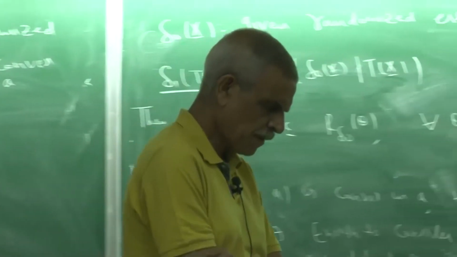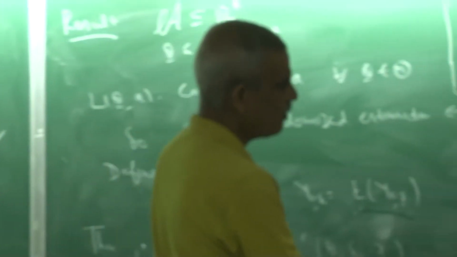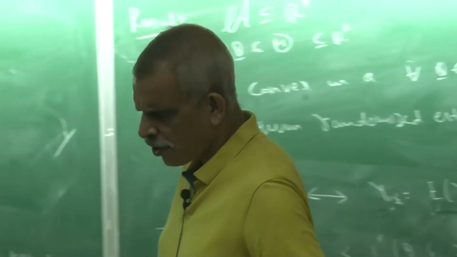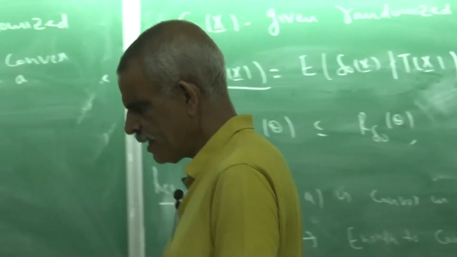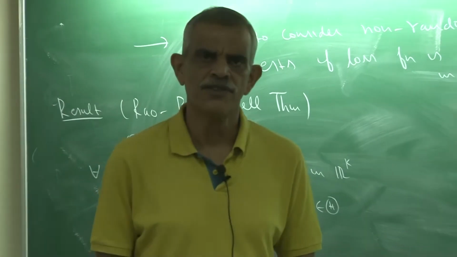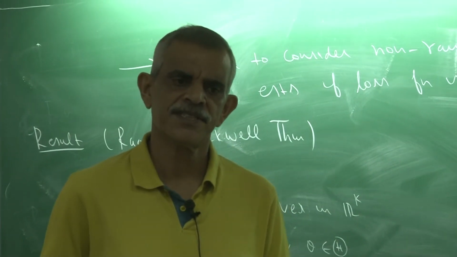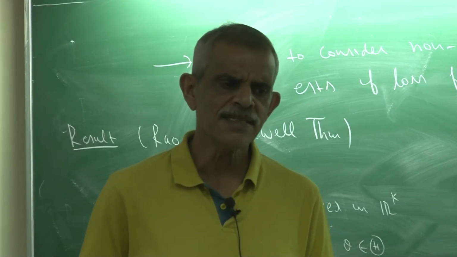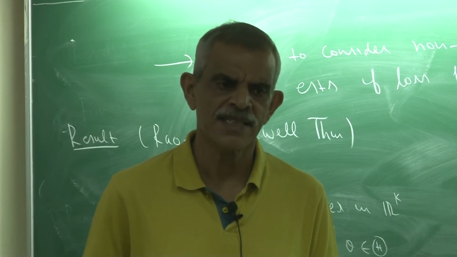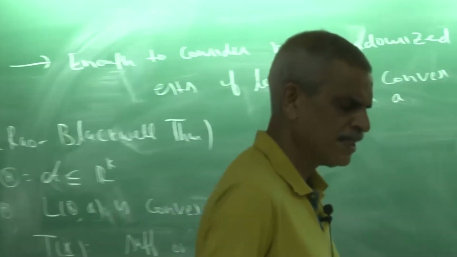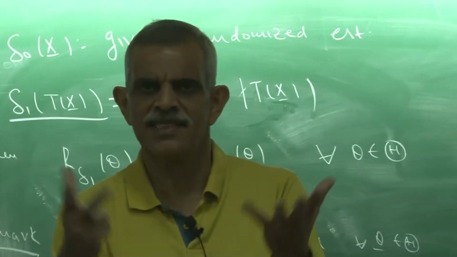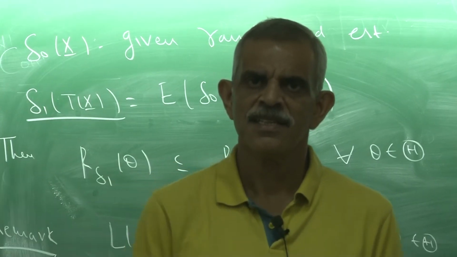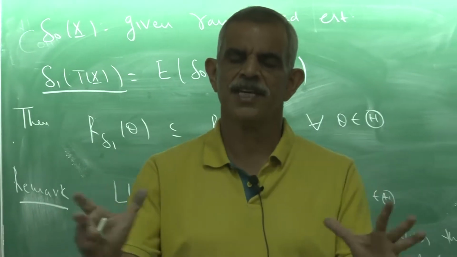So this was a brief discussion of essentially what you did in the last course. From the next module onwards, I'll start the actual content of this course. The first topic which we are going to discuss in the next module is invariant estimation. Invariance is a principle which says that if you are dealing with an estimation problem which has an invariant structure, then only certain kinds of decision rules or estimators should be used.